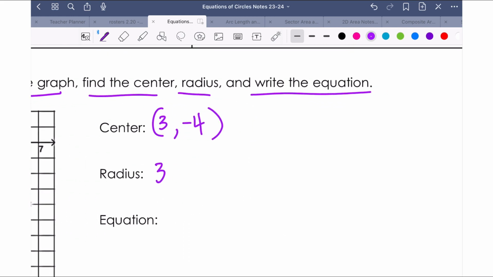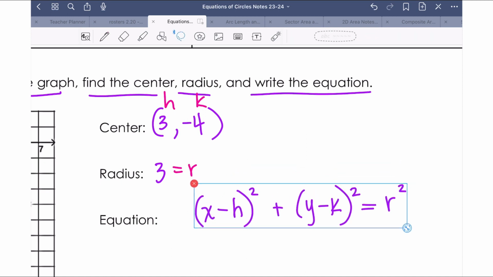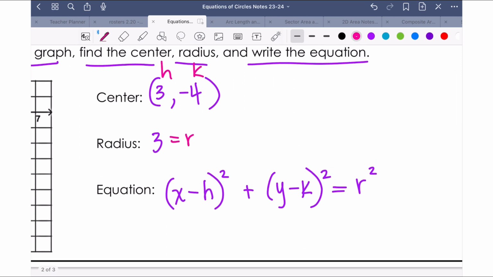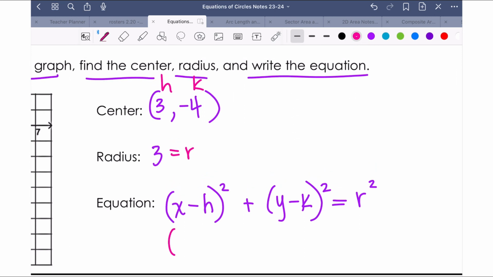All right, we're ready to write the equation. Remember, this is h and k, and this is r. So following the formula like a recipe, here's the formula. I just have it there so I can see it. You don't have to write it.